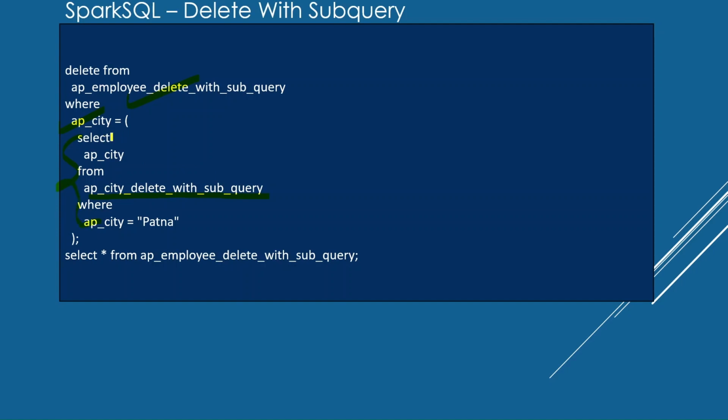That means we are deleting the records from this table where APCT is equal to all the cities which are present in this table. So in this way we are deleting the records from this table with the help of a subquery. That's why we have created two tables and inserted the required data in these two tables to perform this exercise.